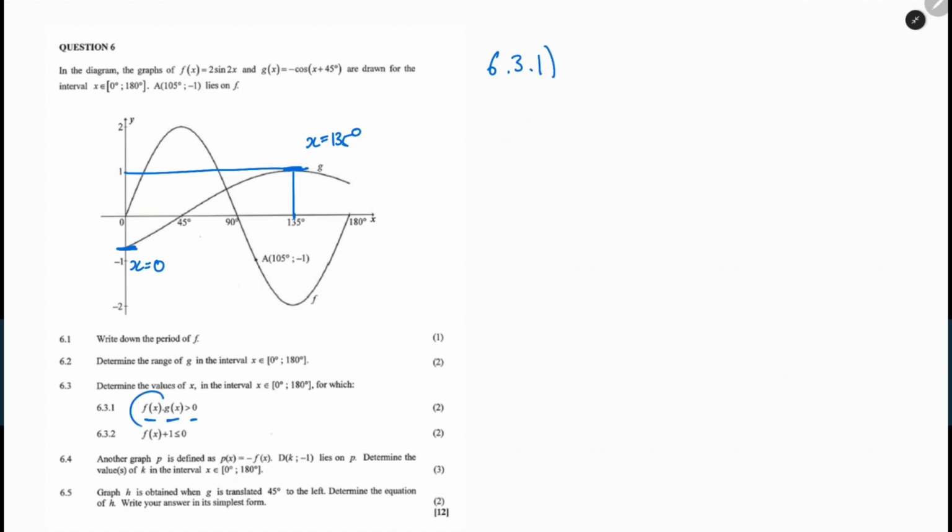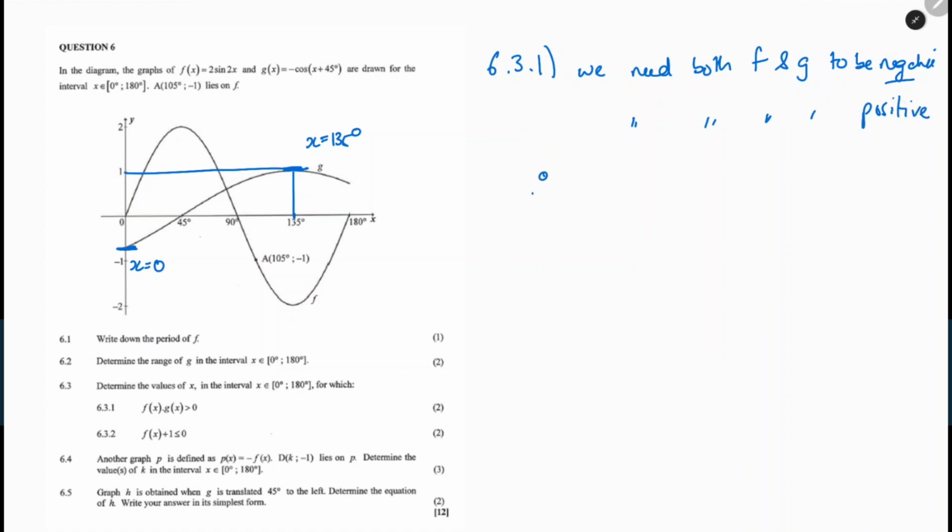Now, for the product of two numbers to be greater than 0, we need either both numbers to be negative or both numbers to be positive. So for this one, we need both f and g to be negative, or we need both f and g to be positive.